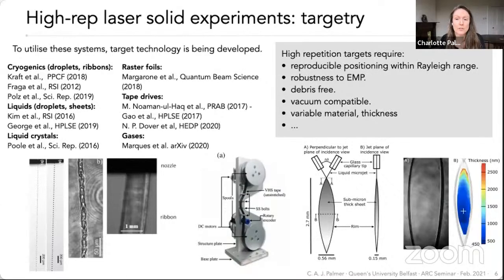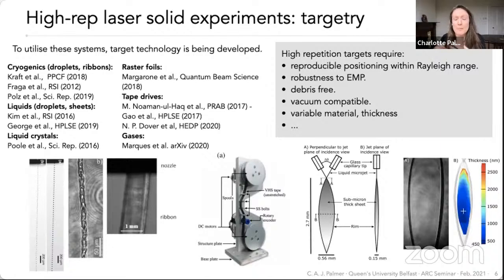These more novel targets have been less explored, and there are some associated challenges with them, in particular synchronization of small targets like droplet targets with the equally small laser focus, making sure that they meet at the right point.